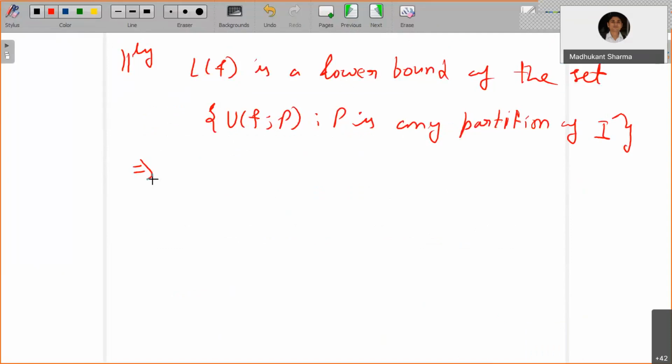So this certainly implies L of f must be less than or equal to U of f.